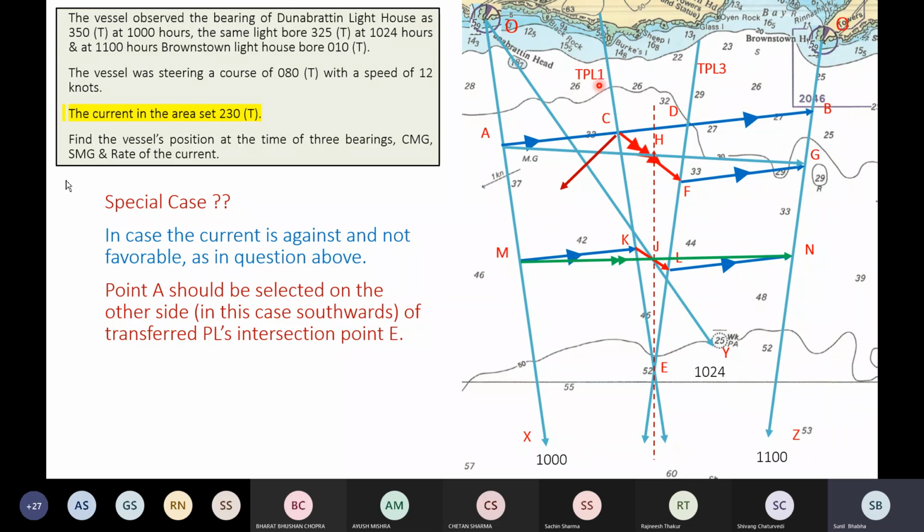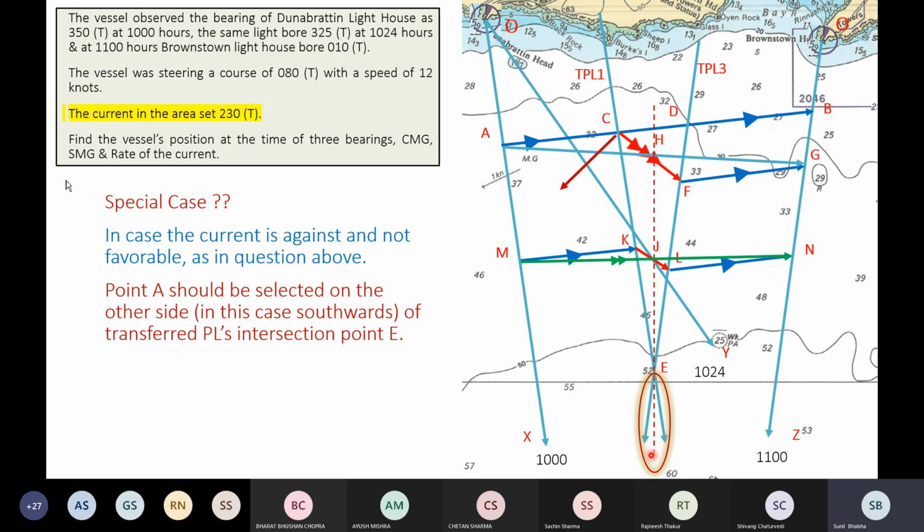You see this TPL1, transferred PL1, and this TPL3, transferred PL3, they are both intersecting at point E. Initially we had taken this point A northwards of E and drawn our plot, but if the direction of the current is against the course steered, you pick up this point A southwards of E. So when you pick up A somewhere here, draw the course steered vector up to TPL1.